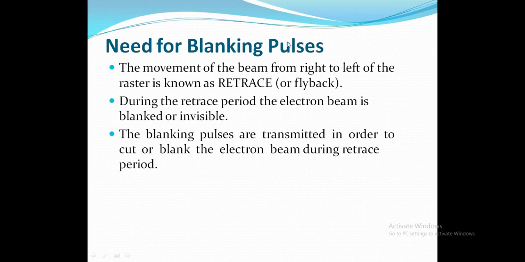Next, the need for blanking pulses. The movement of the electron beam from right to left of the raster is known as retrace. That is nothing but the flyback. During the retrace period, the electron beam will be blank or invisible. So the blanking pulses are transmitted in order to cut or blank the electron beam during the retrace period.